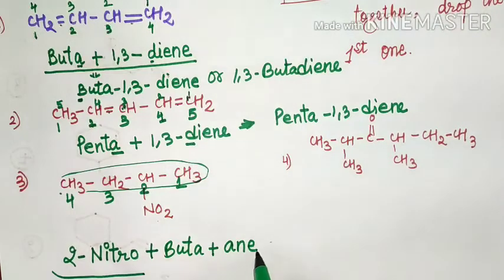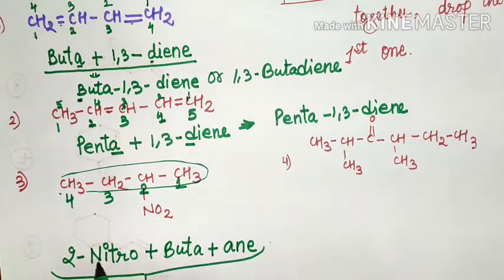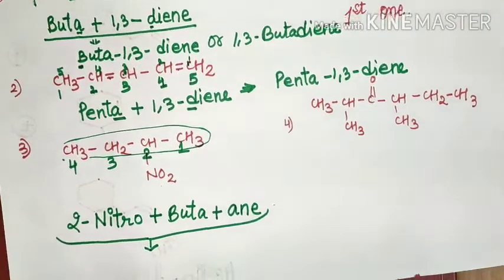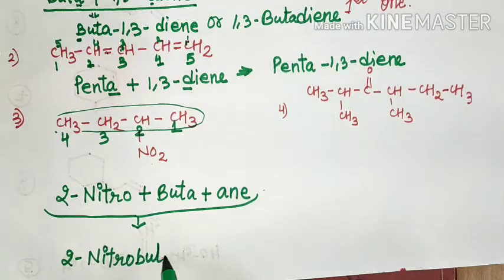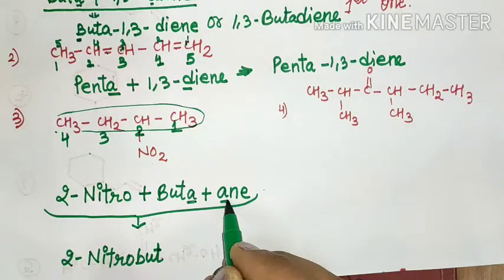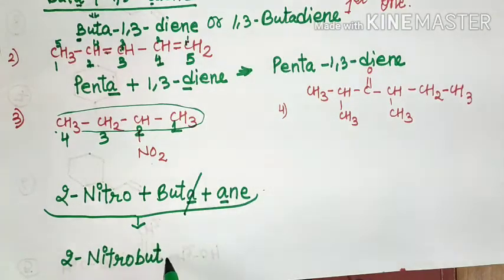So its IUPAC name after combining all these is 2-nitrobutane. Since there are 2 vowels, drop the first one, a. So this is the correct IUPAC name of this compound.